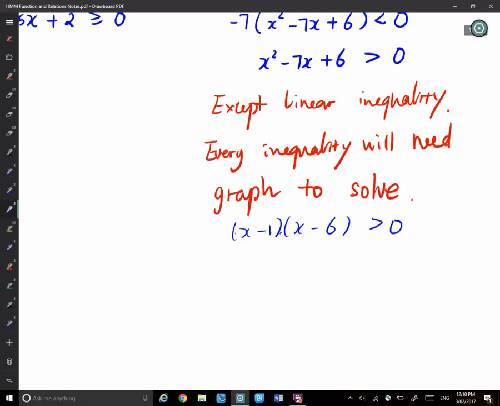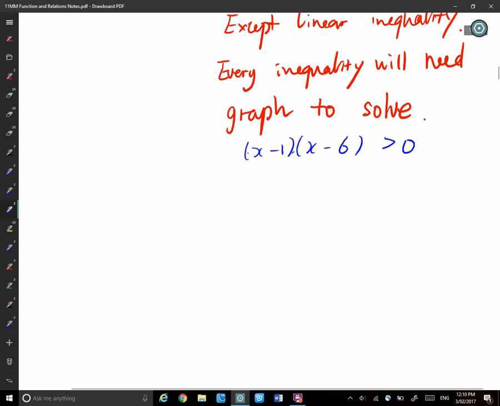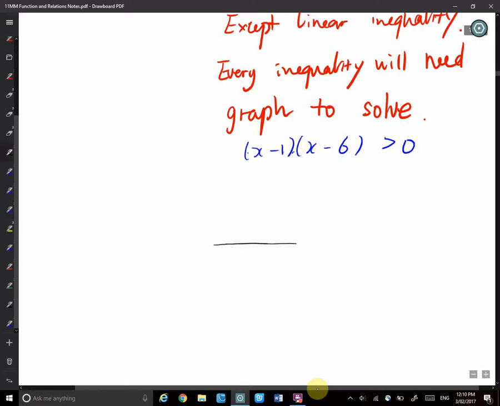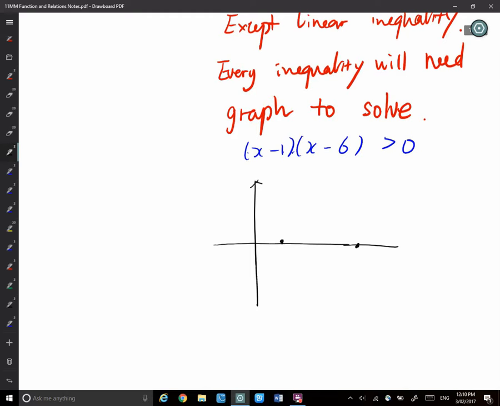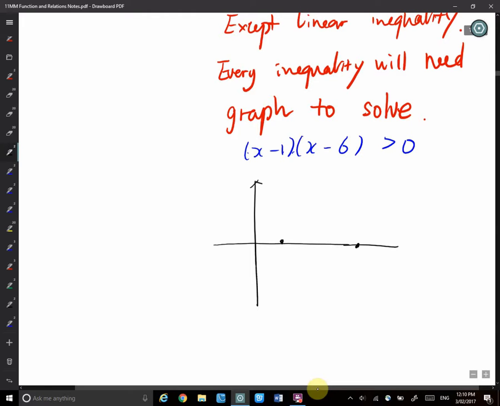Okay, let's sketch this. I will have intercepts at x equals 1 and x equals 6. And this is a happy graph because of the positive x squared value, so it's a smile face.